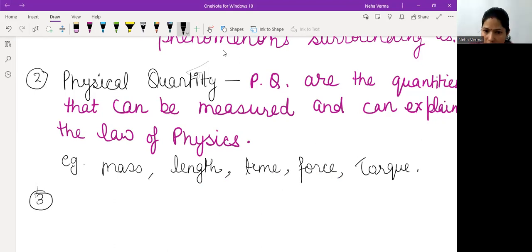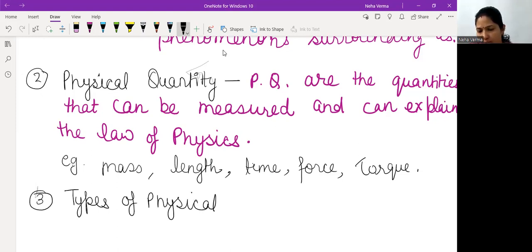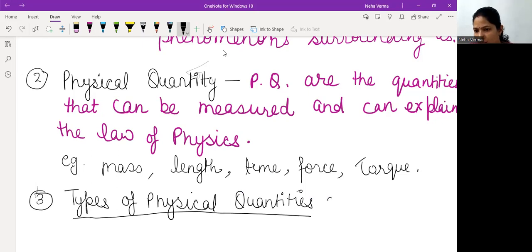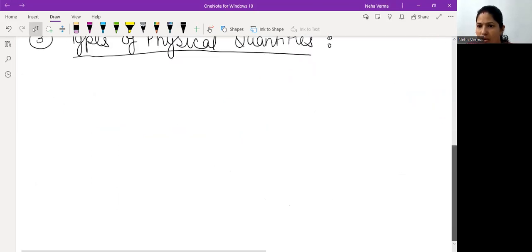Now, types of physical quantities. How many types of physical quantities are present over here? So physical quantities basically are of two types.